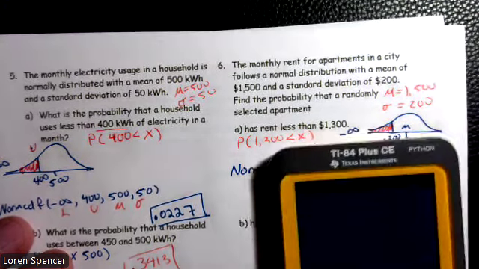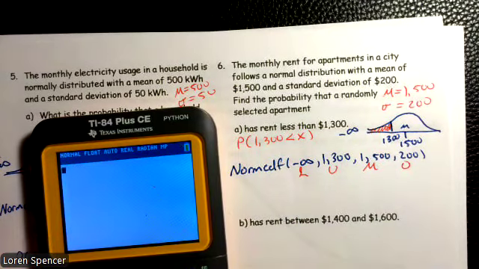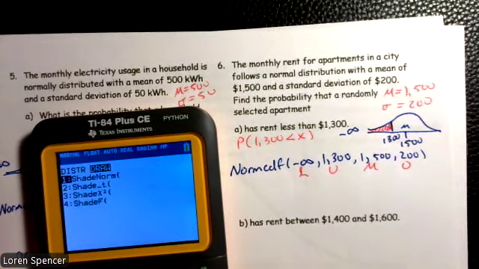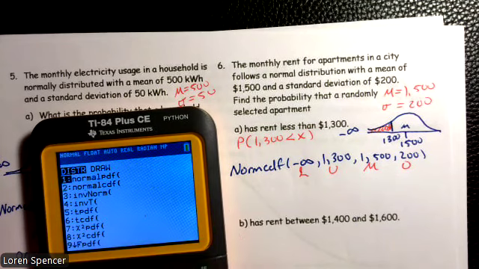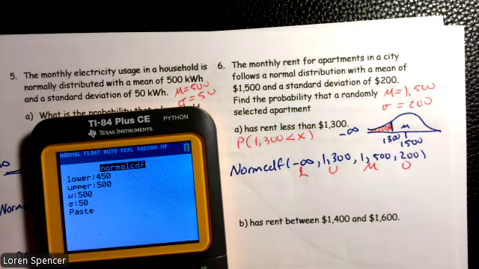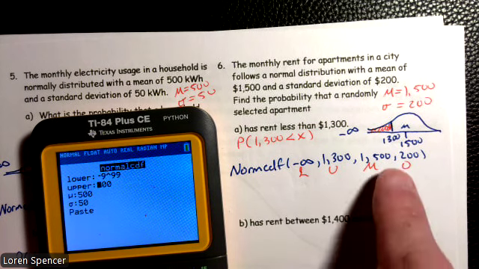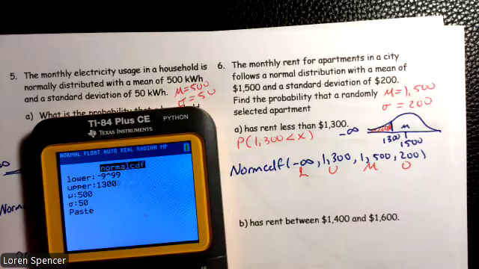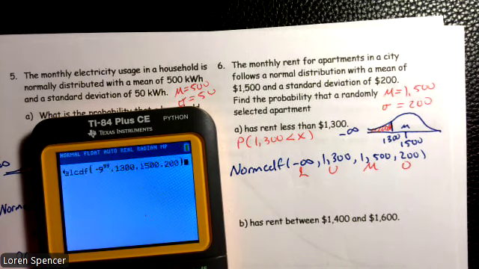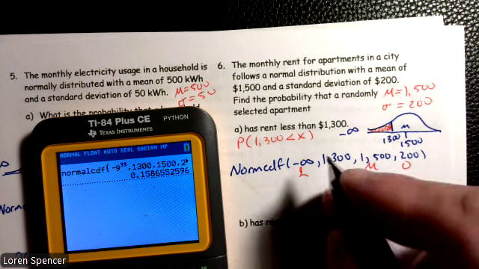Let's go ahead and plug this into the calculator. Second vars, normal CDF. Lower bound, negative infinity, which we do the negative 999. Upper bound, we stopped at 1,300. Mean of 1,500, standard deviation of 200. And we get 0.1586.